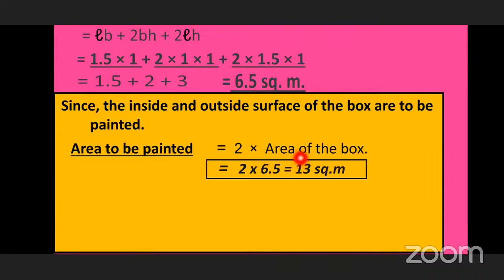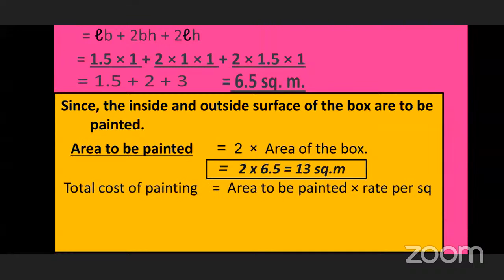And the area of the box we got is 6.5 square meter. So 2 times 6.5 square meter. Therefore, children, the total area which is required to be painted is 13 square meter. Okay. Now the cost given for 1 square meter is 150.